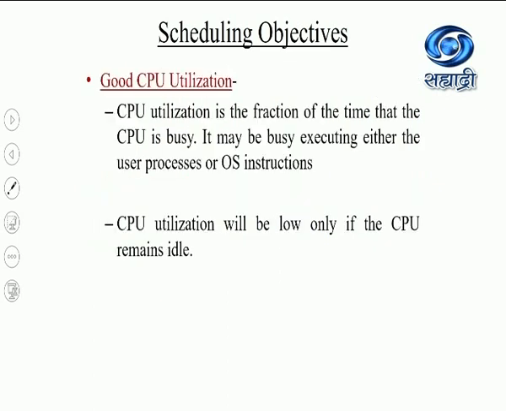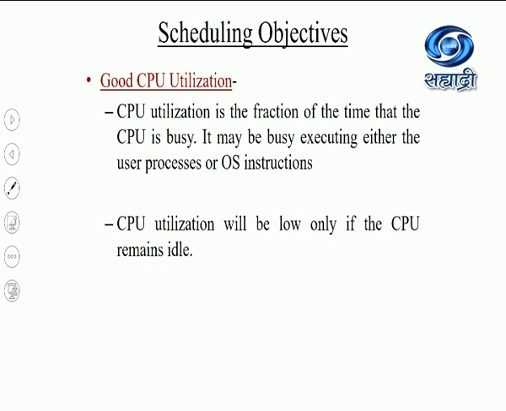Then good CPU utilization. CPU utilization is the fraction of the time that the CPU is busy. It may be busy executing either the user processes or OS instructions. Students, recall that operating system is nothing but a set of system programs. So if operating system works, means its instructions get executed.